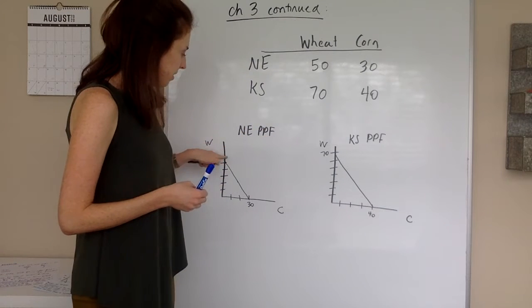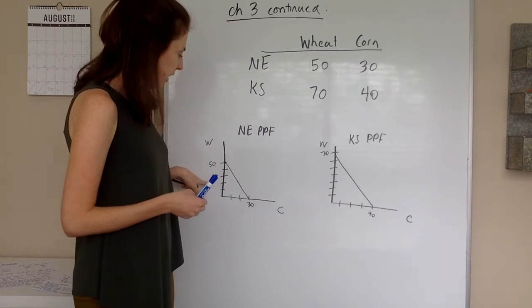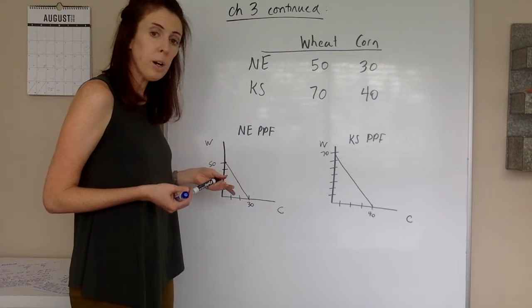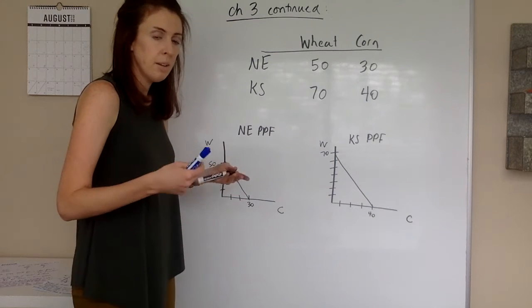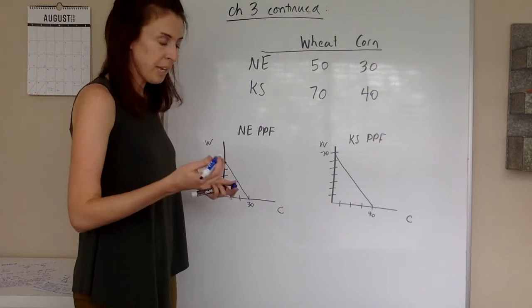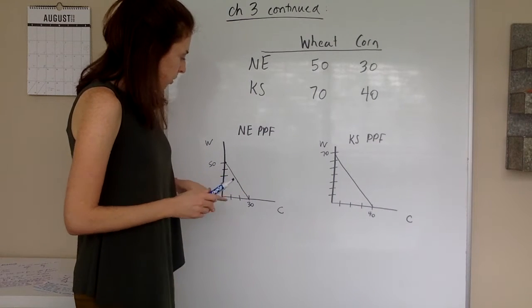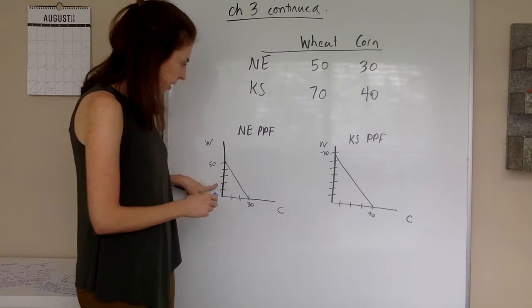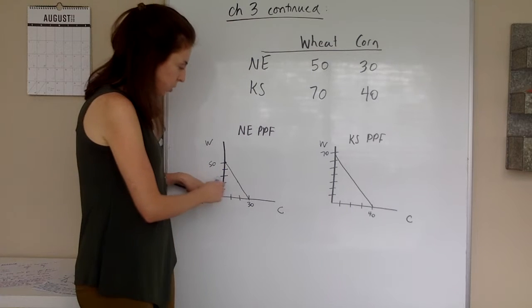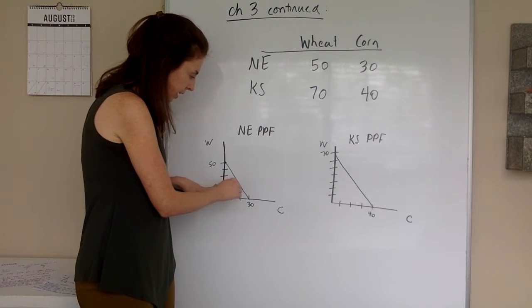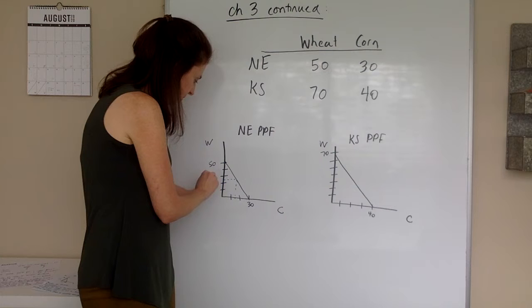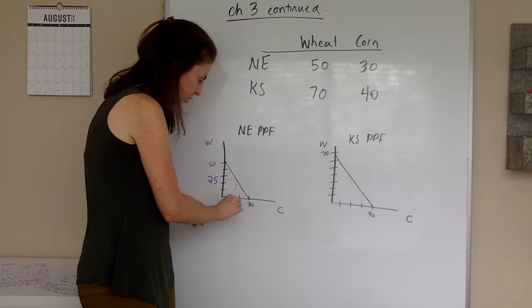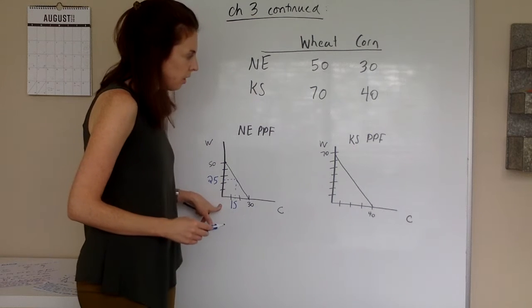So if people in Nebraska want both wheat and corn to eat, they're going to have to make both, because they can't import any wheat from Kansas, for example. Let's suppose that to start with, Nebraska decides to split its time between wheat and corn production. If they split their time 50-50, they're going to produce 25 units of wheat and 15 units of corn.